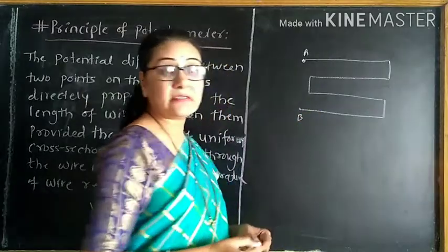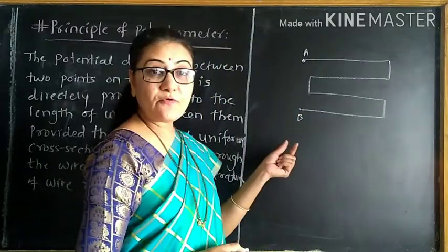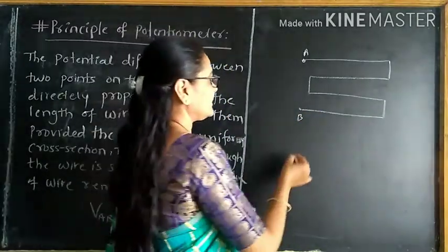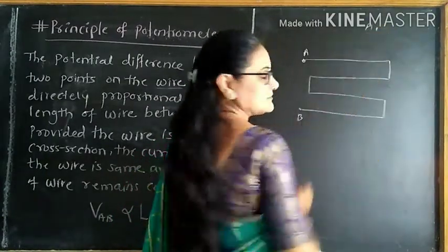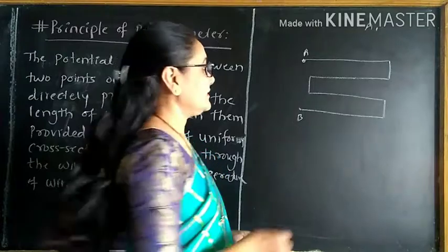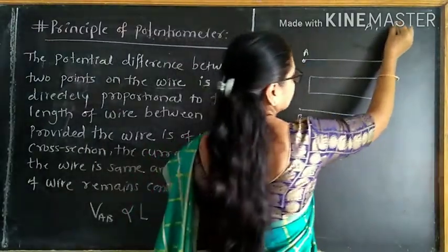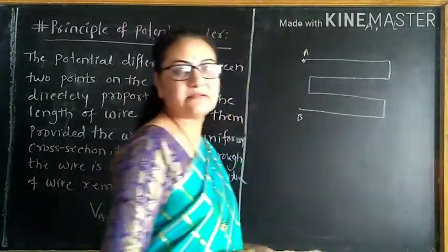Here is AB, a uniform wire having uniform cross-sectional area A. This AB wire has a length L.